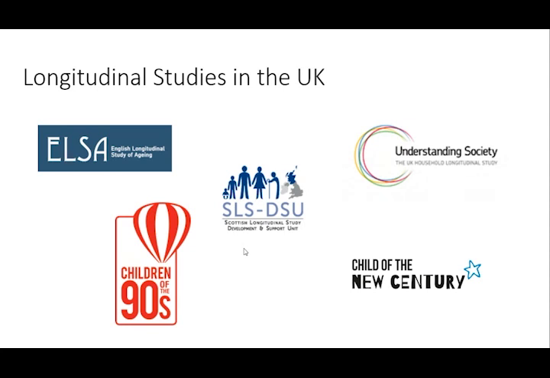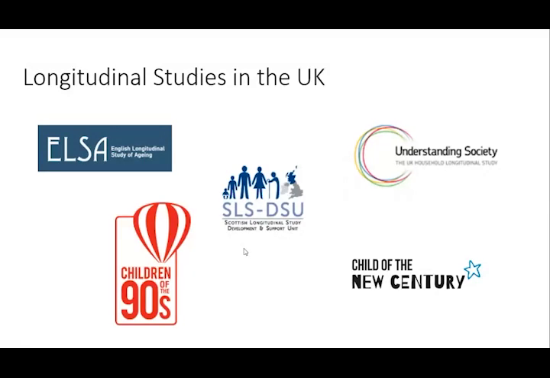But if you're interested in maybe particularly older people, there's the English Longitudinal Study of Ageing. Or if you're interested in young people, the Children of the 90s, also known as ALSPAC, where they recorded every child born in 1990 in the Bristol area and followed them over time.